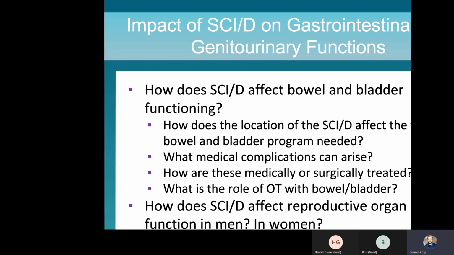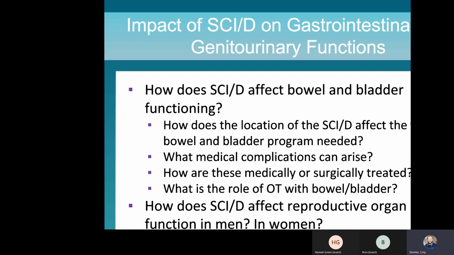Pain and spasticity are also confounding factors that can contribute to issues with sexual activity. There are some men that can obtain an erection and some can't. It just really depends. And some females can get pregnant after a spinal cord injury and some can't. But when you're dealing with someone that has a spinal cord injury, you should also address sexual activity as you would any other ADL, because sexual activity is an ADL.